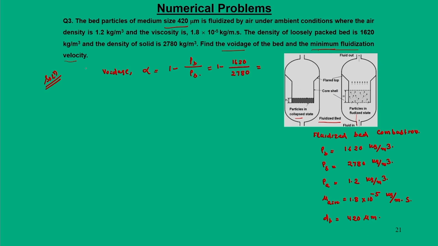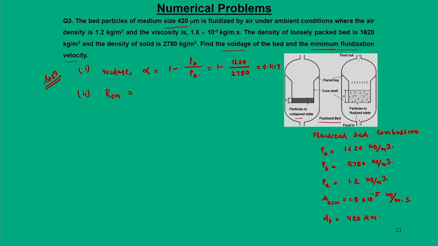Voidage is a straightforward answer. We get the voidage as 0.417. Now, to go to the next step, that is the fluidization velocity, we have to recall the Reynolds number, and this Reynolds number has an empirical relation with a number called the Archimedes number.